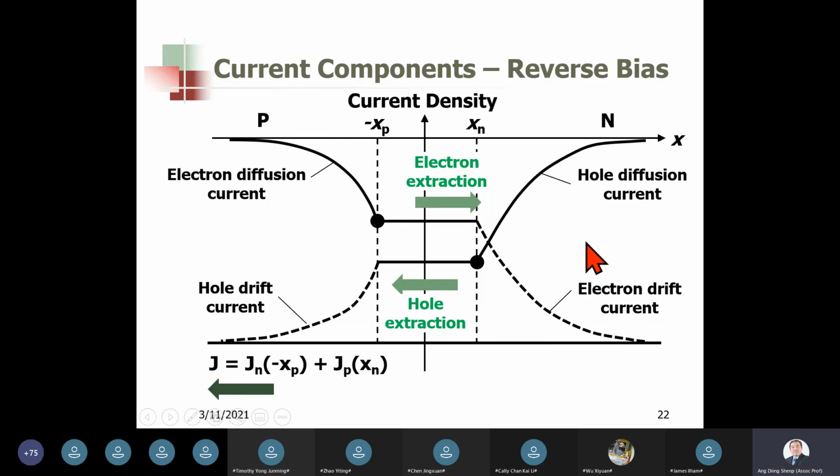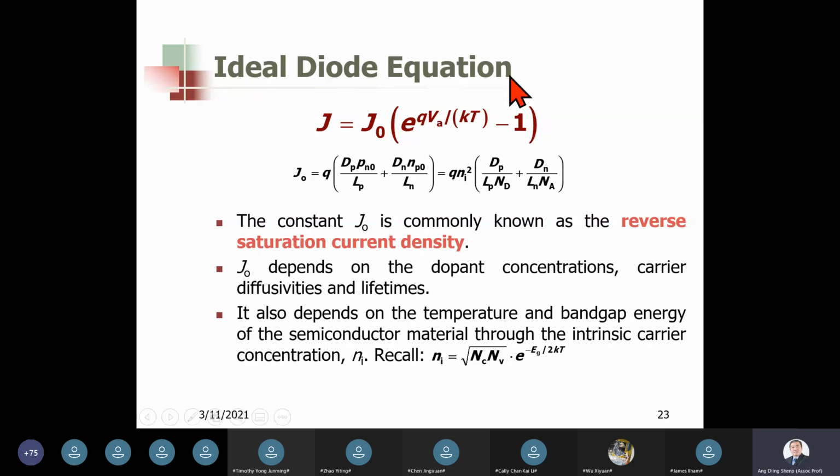The holes that are thermally generated will diffuse towards the edge of the space charge region for extraction to the N side, whereas the electrons that are thermally generated within the quasi-neutral N region will drift along in the opposite direction to give an electron drift current. All right, so with this the whole discussion is complete now, and we have finally achieved our aim of deriving the ideal diode equation that quantifies the amount of current flow under a given external voltage bias.